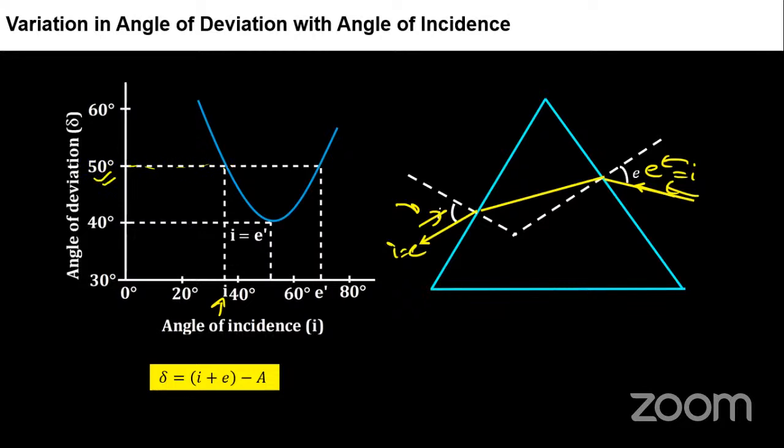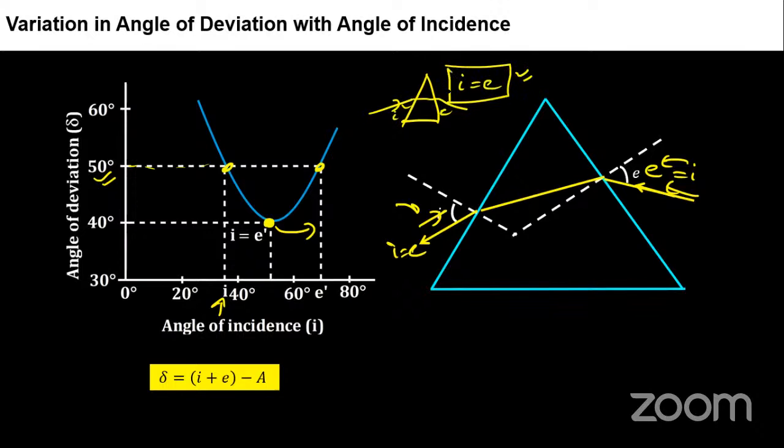From this graph we can find this thing. But there is a particular value, minima, where this I and E are both same. So for such angles, where there is a prism and we pass a ray, for this I and E are both the same values.